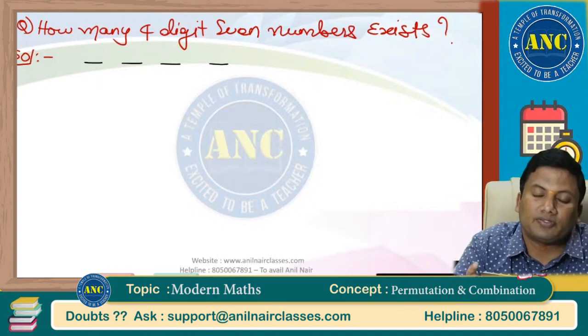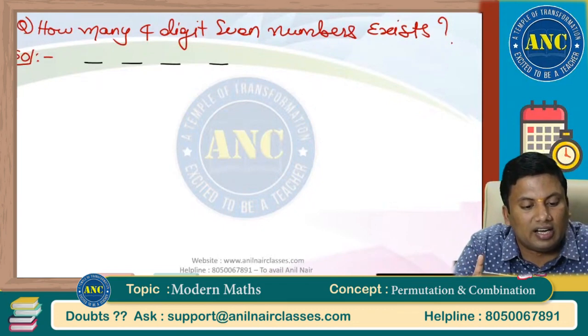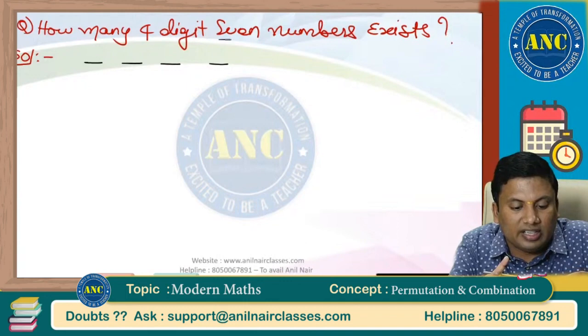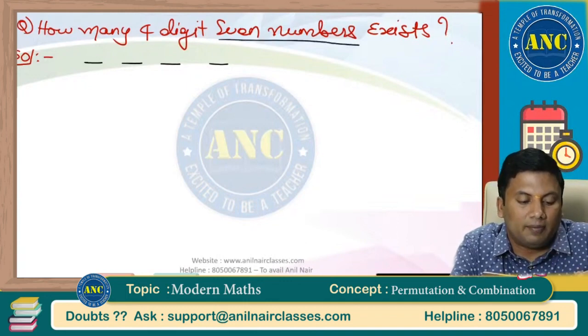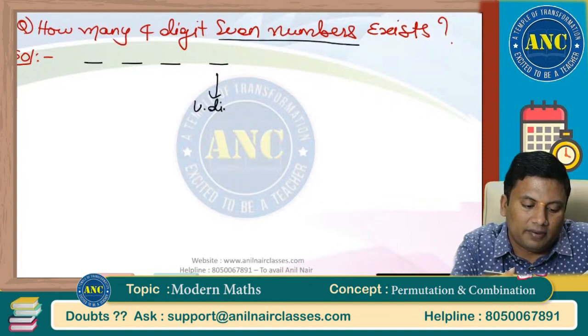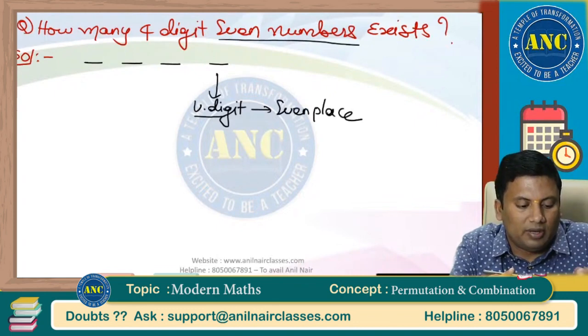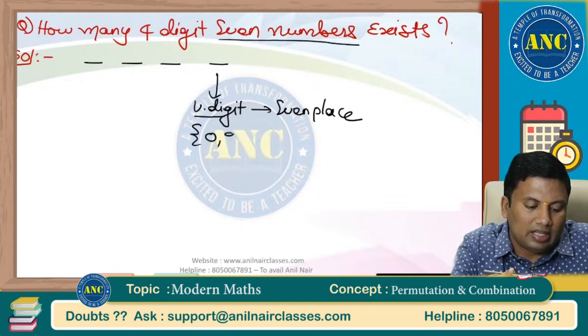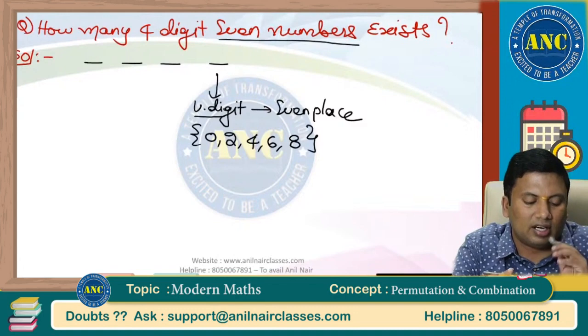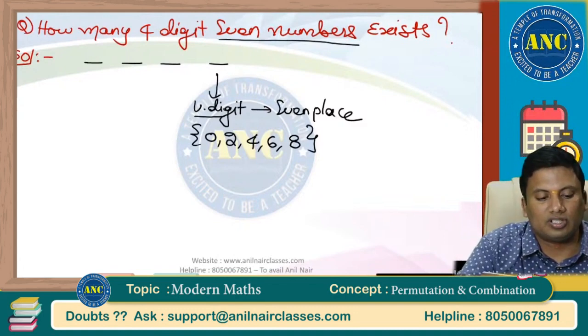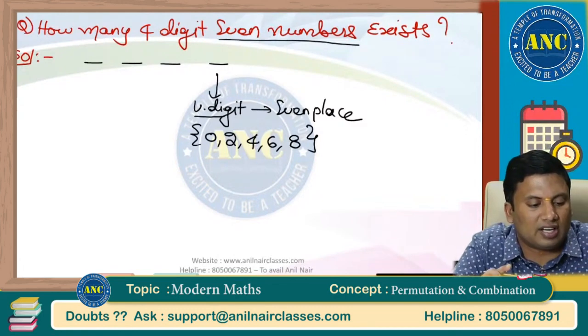First, always concentrate on the condition. How many 4-digit even numbers exist? A number is said to be an even number if the unit digit is an even number. So the unit digit has to take an even value including 0, that means either 0, 2, 4, 6 or 8.